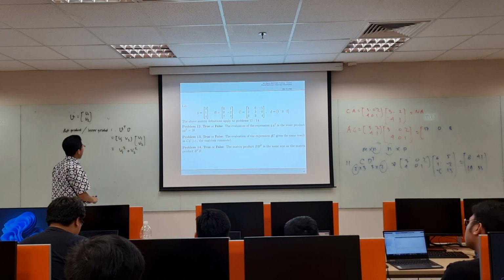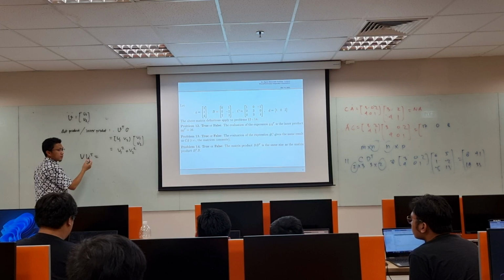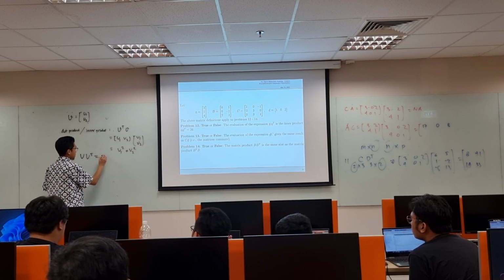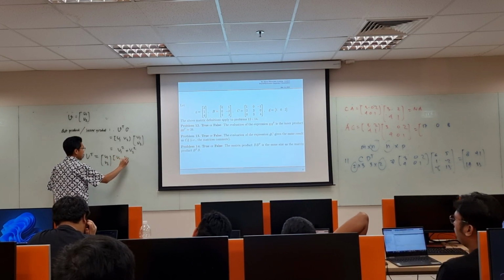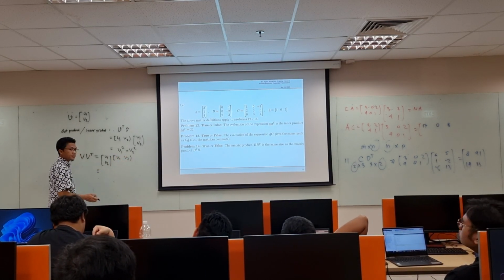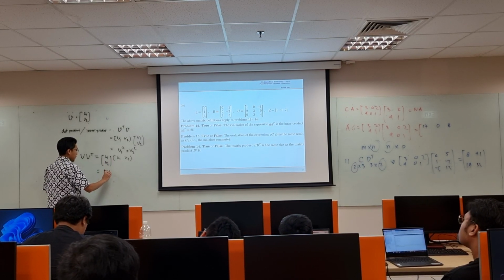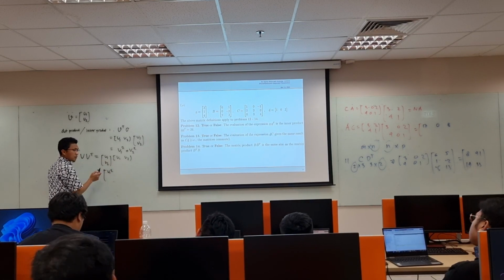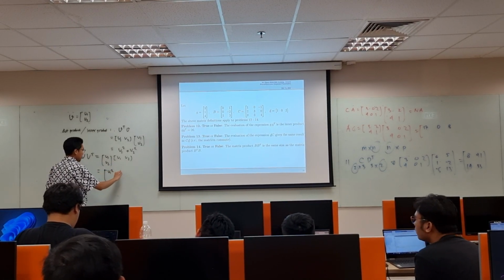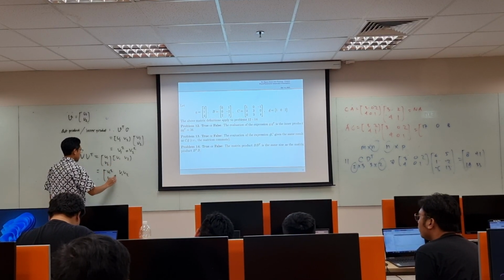Now, what if I do v times v transpose? What do we have? v1, v2 multiplied by, what do we have? v1 squared, and then here, this one.